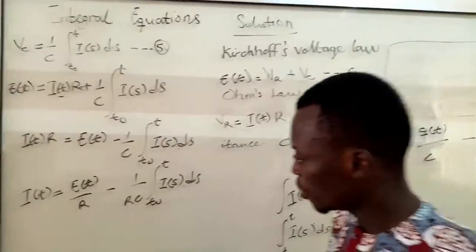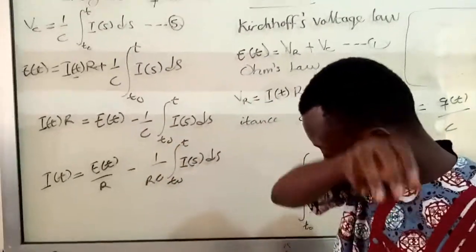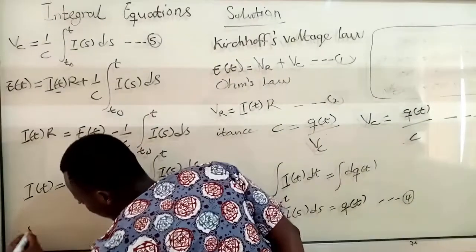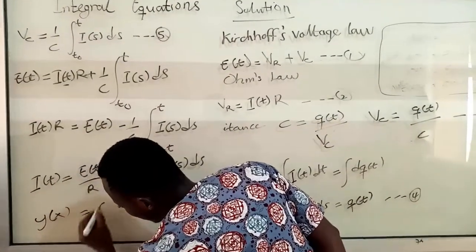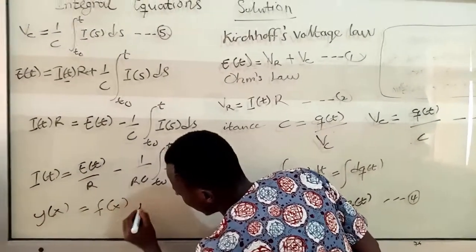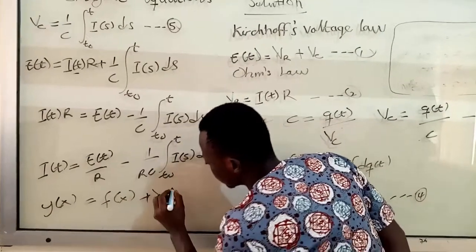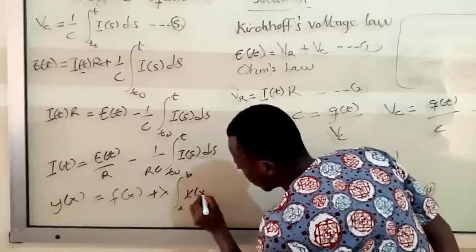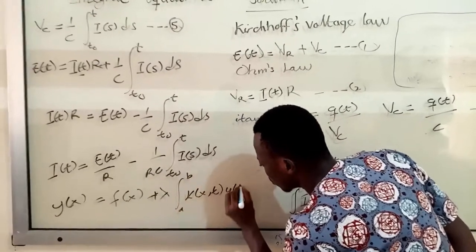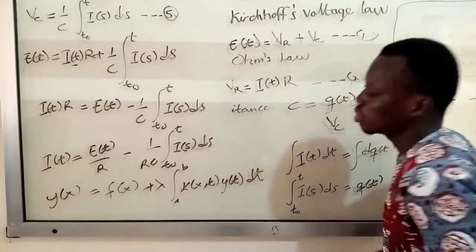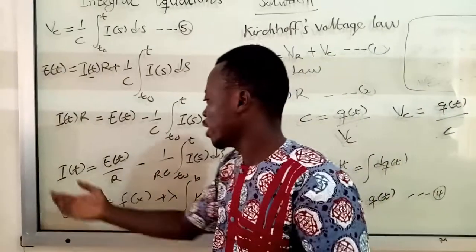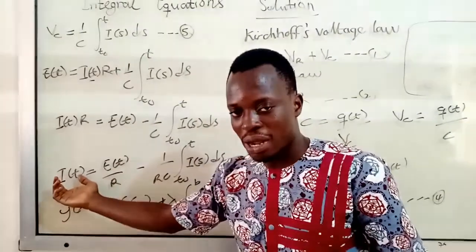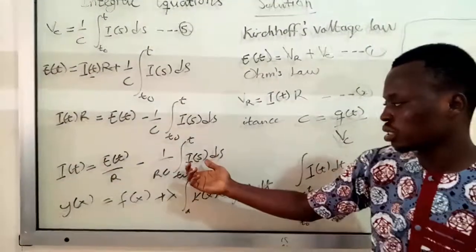If you compare this to the general form of an integral equation, which is y of s equal to f of s plus lambda integral from a to b of K of s, t times y of t dt, you could easily see that I of t is our unknown function, because the same I of t is found under the integral sign.